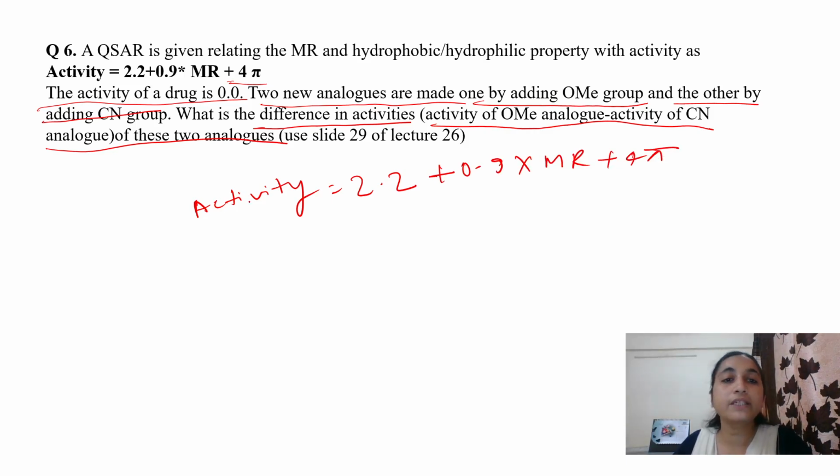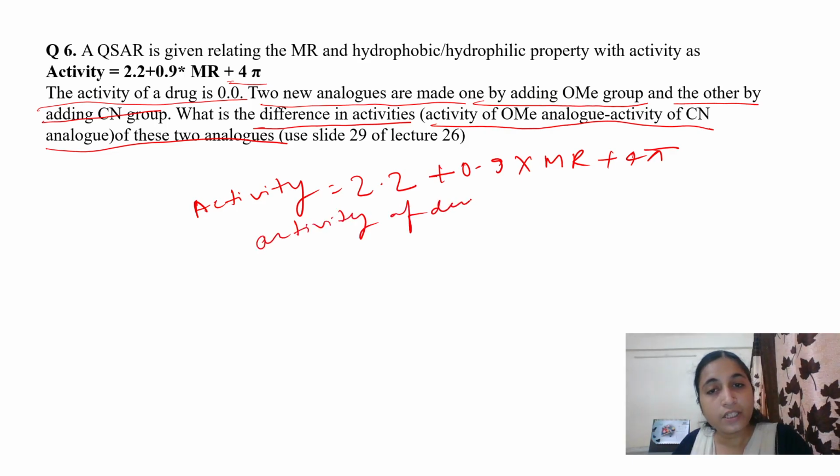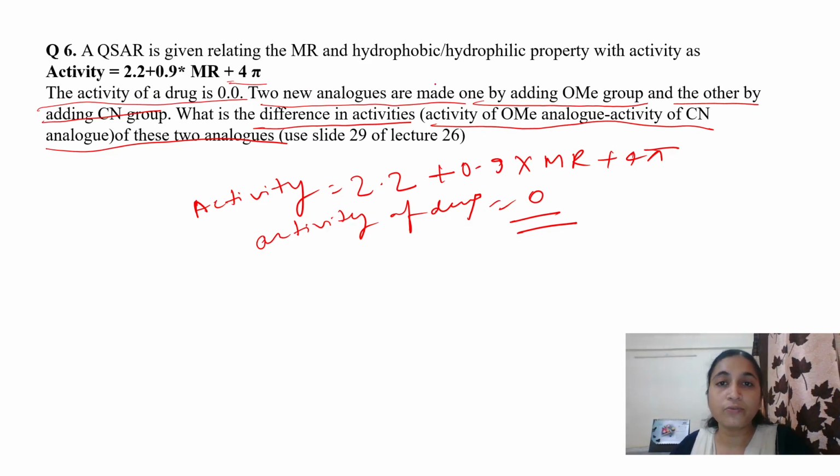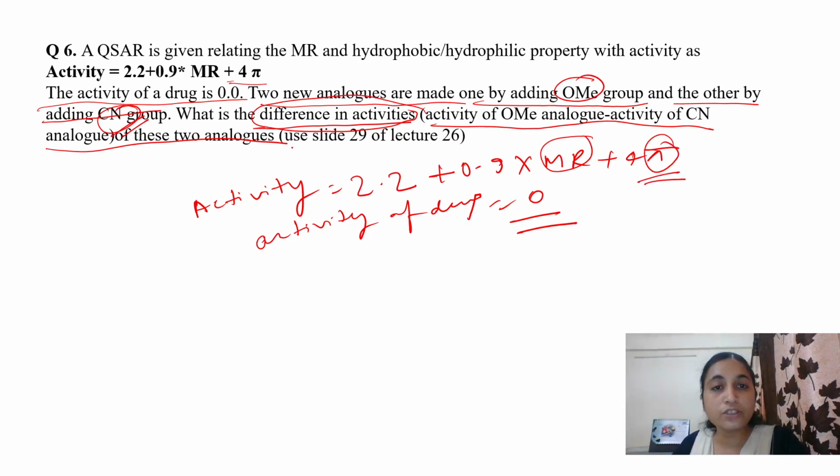This is the formula given in the question, and the activity of the drug is given as 0, right? And now they are making two new analogs. One analog has been made by adding the OMe group, and the other analog by adding the CN group, right? Then they want us to calculate the difference in activities. For the MR value and pi value of these two analogs, they have asked us to use slide 29 of lecture 26.